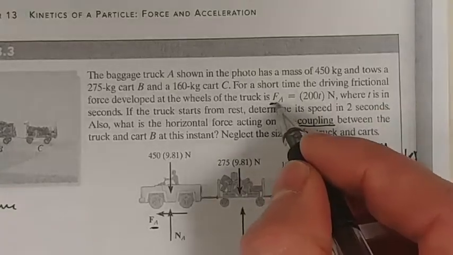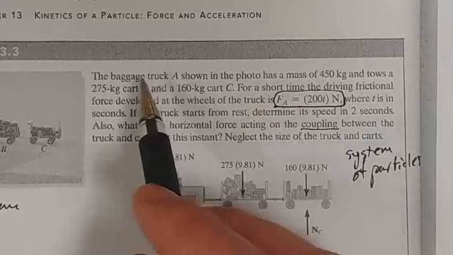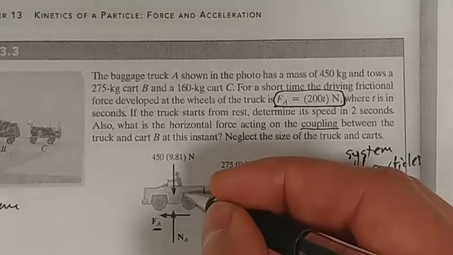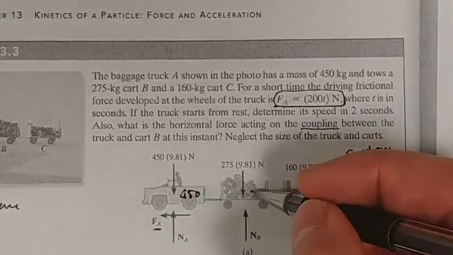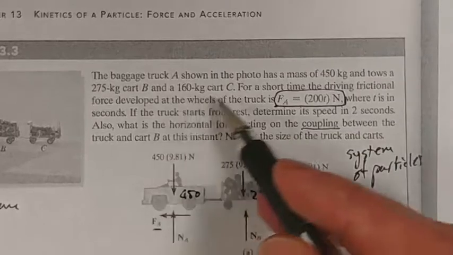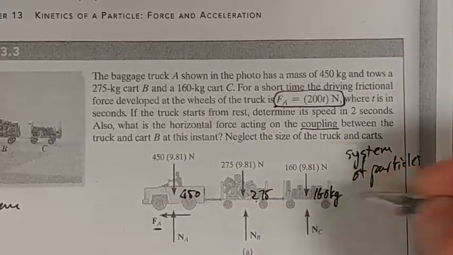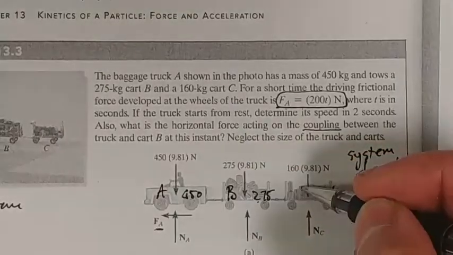The baggage truck A, shown in the photo, has a mass of 450 kg, and tows a 275 kg cart B and a 160 kg cart C. So there's A, B, and C.